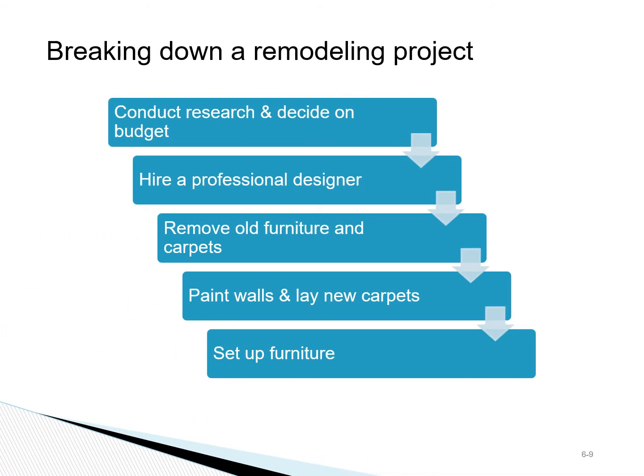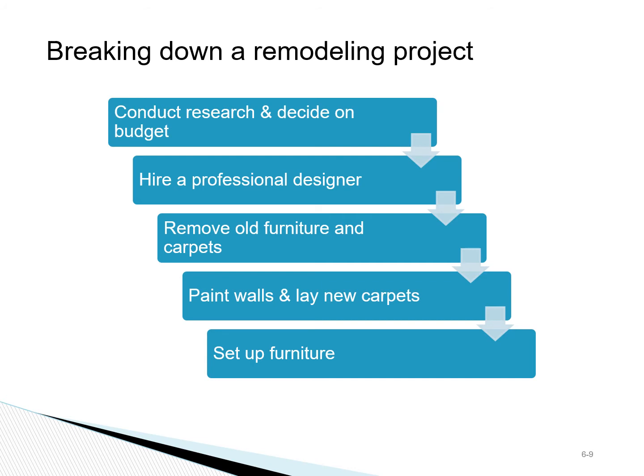So let's look at some examples of how we can break down a project. This is a simple remodeling project, and as you can see, there are a number of activities that we anticipate for this project. We research various remodeling ideas, and we establish a budget for our project. Then we hire a designer to come up with the plan for remodeling within the budget that we have in place.